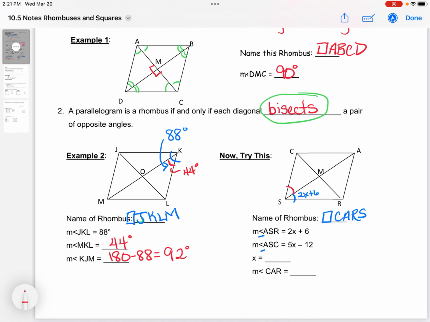A to S to C is 5x minus 12. And remember, those are bisected, so they're equal to each other. So 5x minus 12 equals 2x plus 6. 3x equals 18. X equals 6.